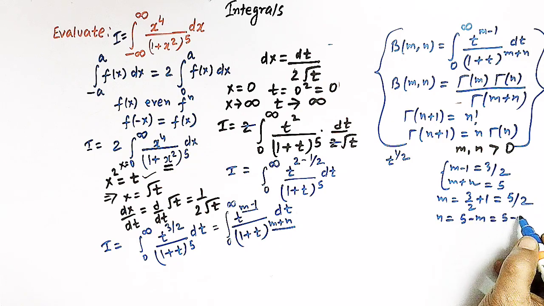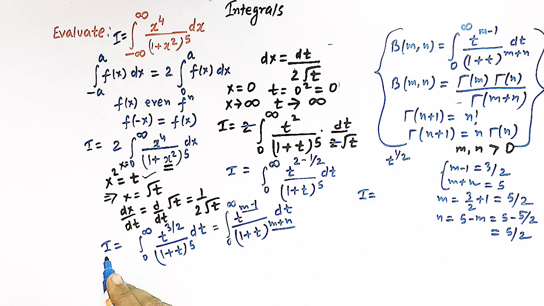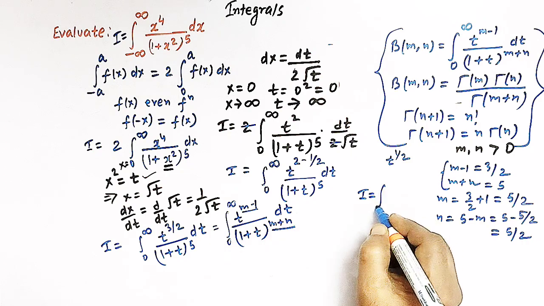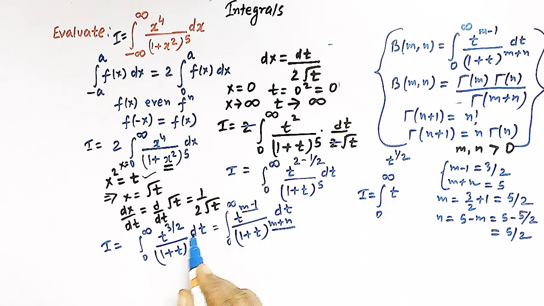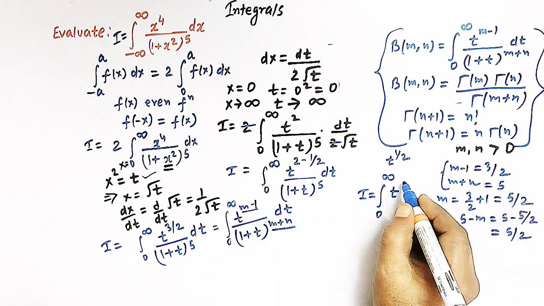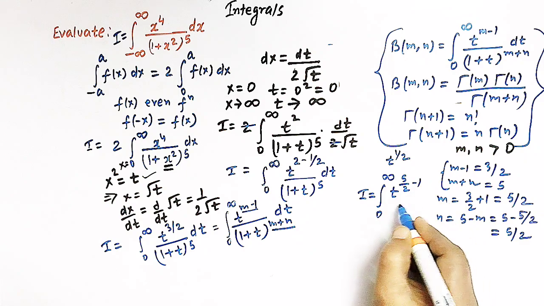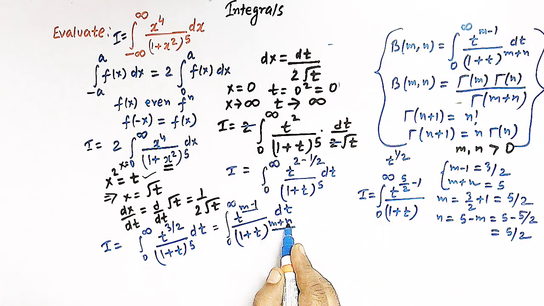So we have 5 minus 5 by 2, that is 2 times 5 is 10, 10 minus 5 is 5, that is 5 over 2. So now this integral I can now be written as 0 to infinity, and we have t raised to m minus 1. So m is 5 by 2. So here we can write 5 by 2 minus 1, and 1 plus t raised to m plus n.